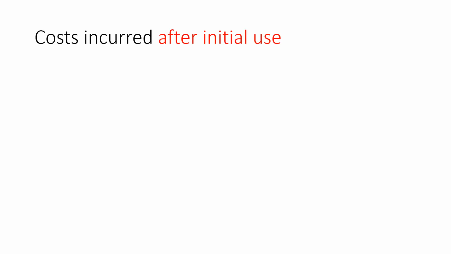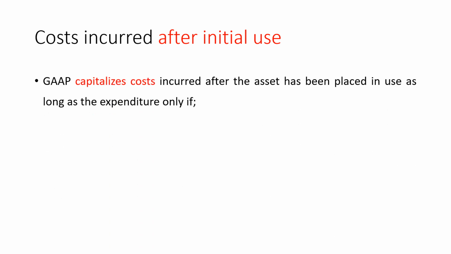Now let's see how we are going to record costs incurred after the initial use. According to generally accepted accounting principles, we have to capitalize the cost incurred after the asset has been placed in use only if the asset's useful life increases.